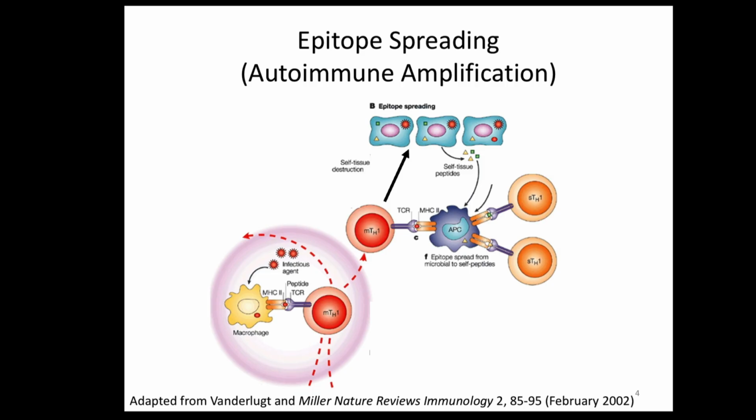But if that cell dies and we release some of those molecules, suddenly those previously hidden antigens may become visible to the immune system. So if there are cells that die, you might have intracellular antigens that were previously hidden now get involved in processes. And you could imagine this could be something that's happening when something's immune privileged, if we're hiding some antigen.